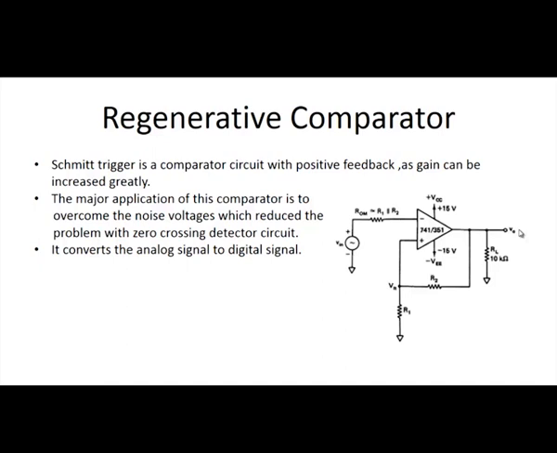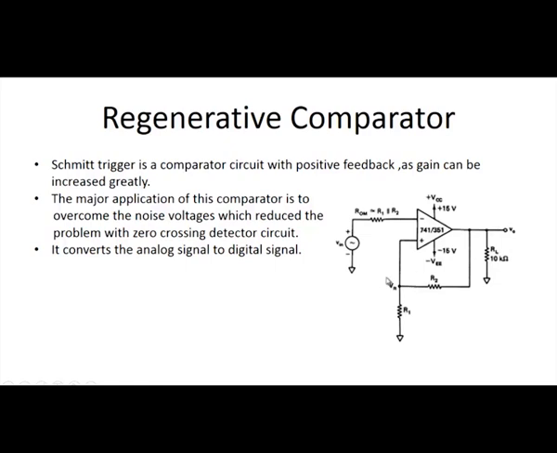The magnitudes of the voltages at the input terminals are compared, and based on the magnitude, the output will be either positive V saturation or negative V saturation. Now what happens if the feedback is given? Again the same: the two input voltages are compared and whichever input voltage is higher, the output will make the transition.